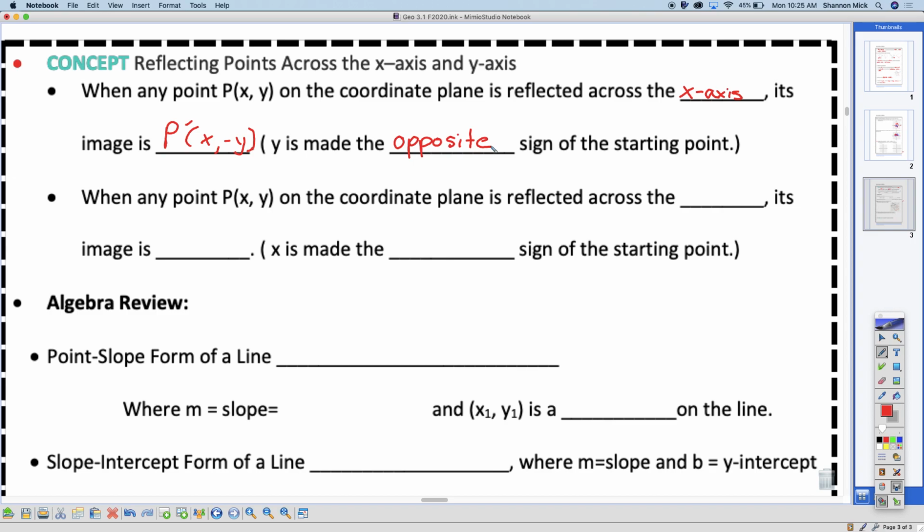When point P, x, y, on the coordinate plane is reflected across the y-axis, the image is P prime, negative x, comma y. X is made the opposite sign of the starting point.